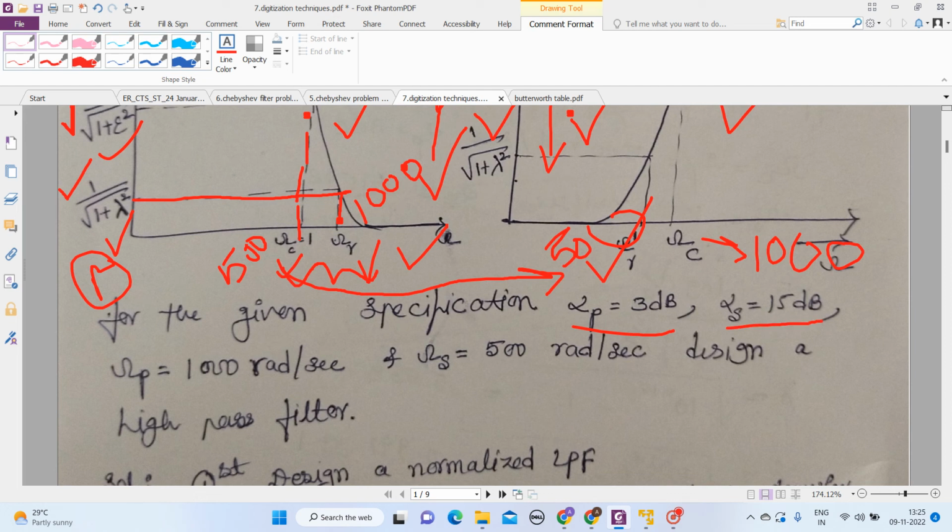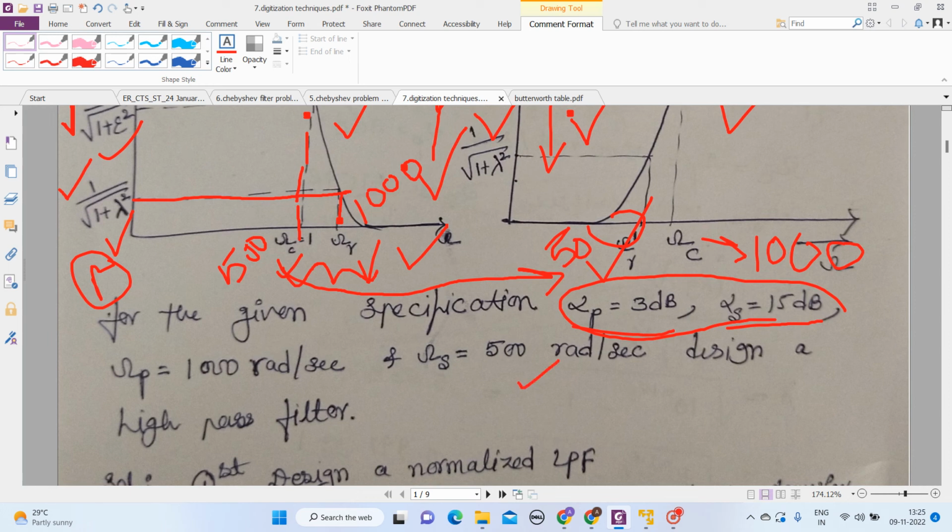Usually it is a negative sign, but while solving the problem, we use only positive values. We are not going to use negative values. The pass band analog frequency is 1000 radian per second, and the stop band analog frequency is 500 radian per second.